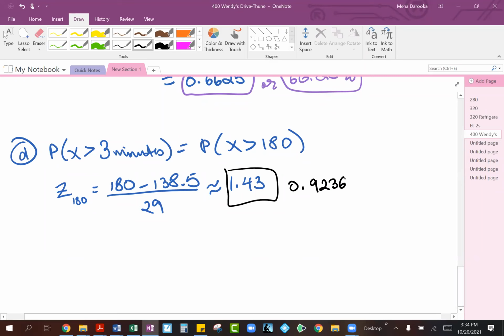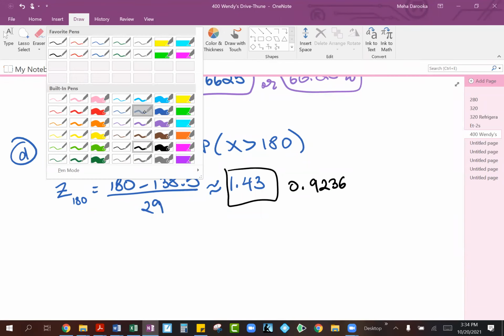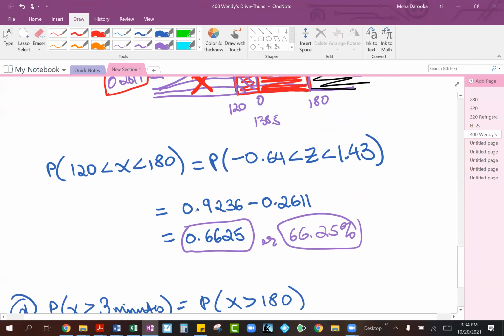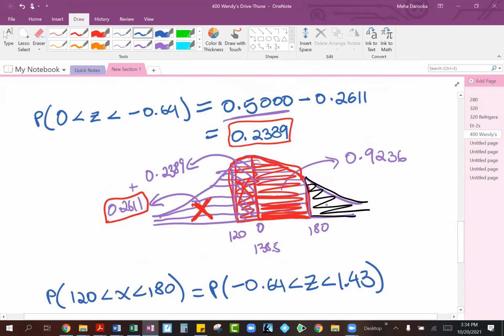Okay. So how are you calculating this more than 180? Since we are interested in the right-hand side, what will you do with this 9236?